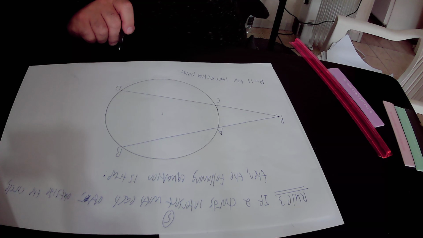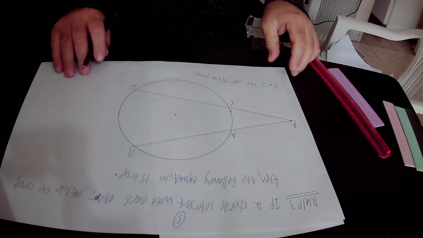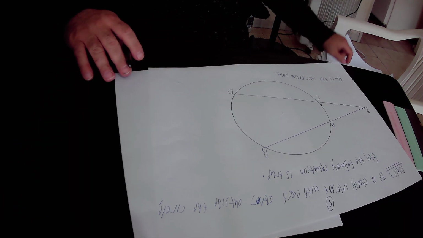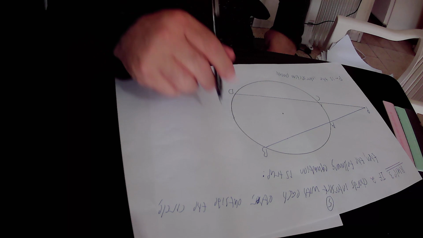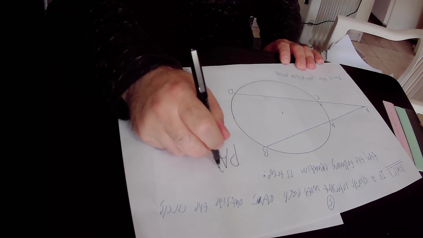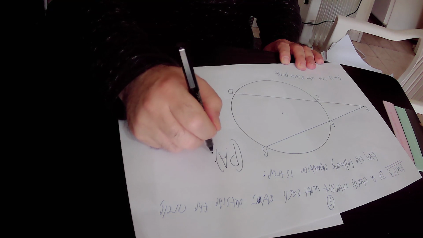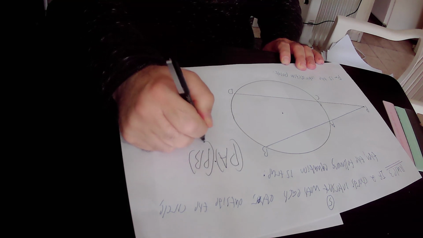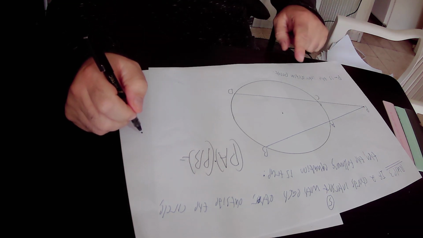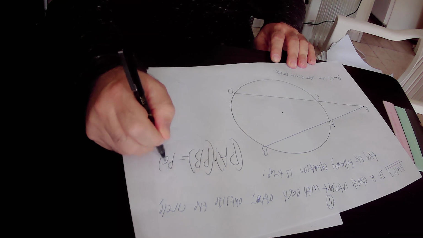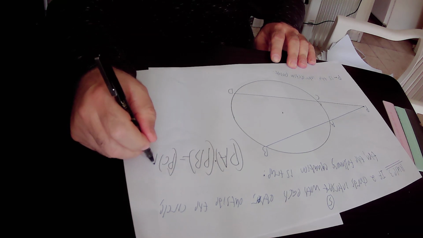Therefore, according to rule number 3, we get here that PA times PB equals PC times PD.